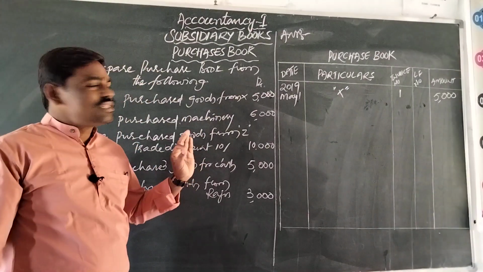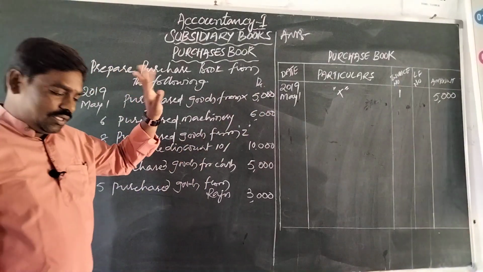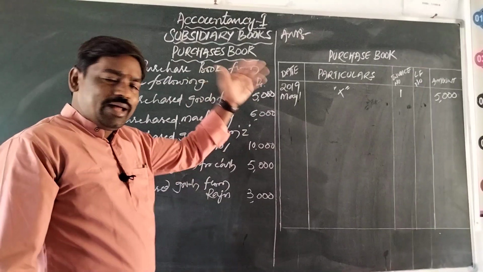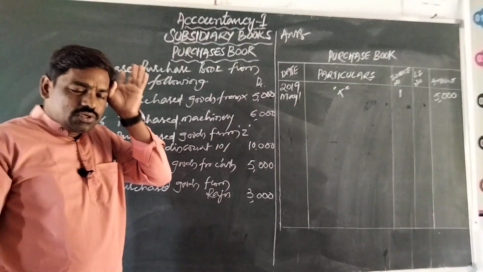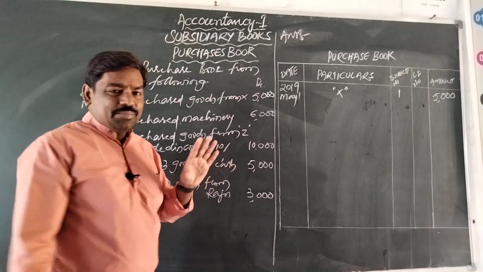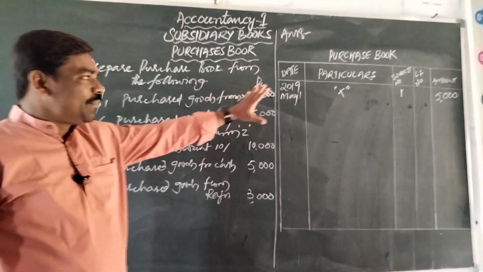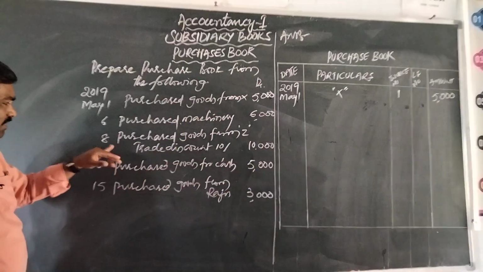Only credit purchases can be recorded in the purchase book, and this transaction will be recorded somewhere else. We should not think of it. So what is the condition? Only credit purchases can be recorded in the purchase book, and purchase of assets should not be entered in the purchase book. So omit it and come to the third one, that is 8th.